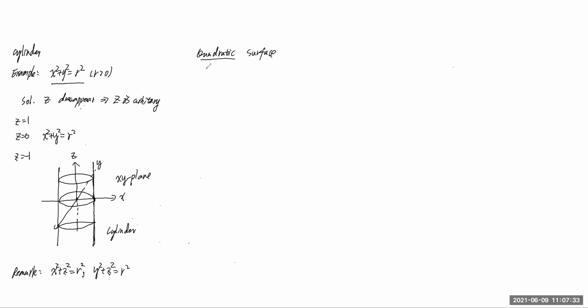The book says that if ax squared plus by squared plus cz squared plus dxy plus exz plus fyz plus gx plus hy plus iz plus k is 0, the surface determined by this is called a quadric surface.